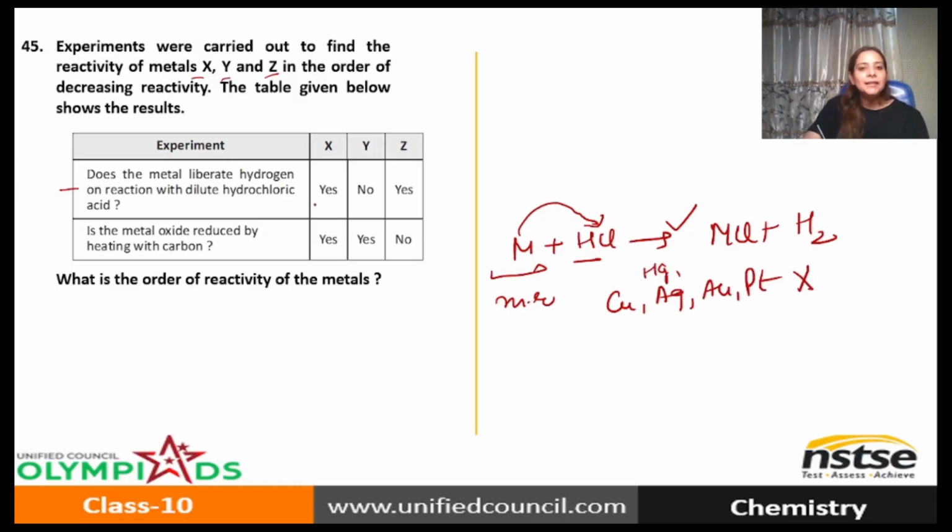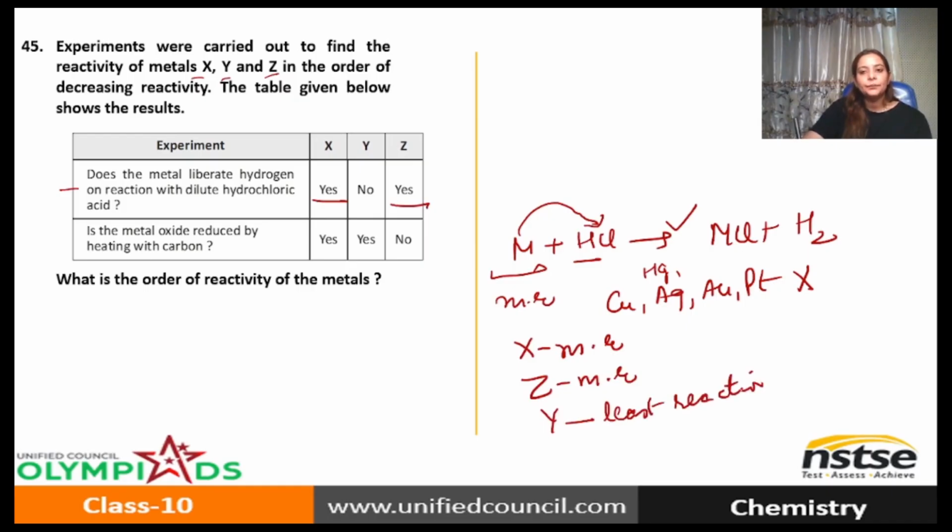Now here we can say that X liberates, that means X is more reactive than H. Z also liberates, so Z is also more reactive than H. But Y doesn't, so Y is the least reactive out of all 3. Now, is the metal oxide reduced by heating with carbon? You have a metal oxide, and you use C and it gets reduced.